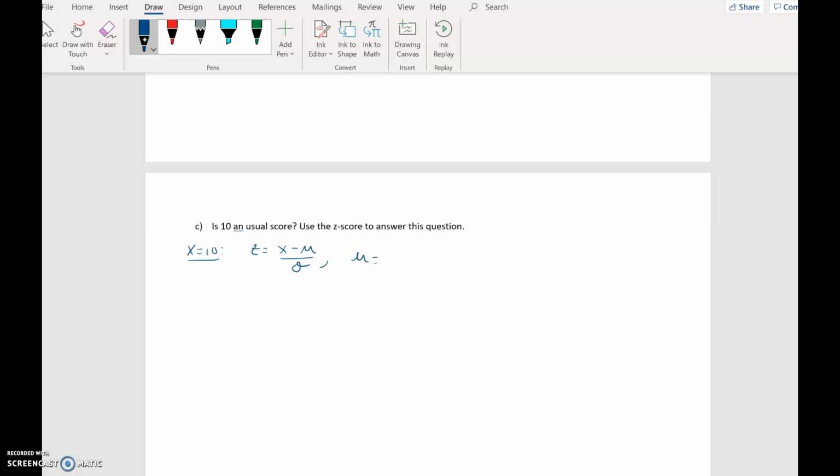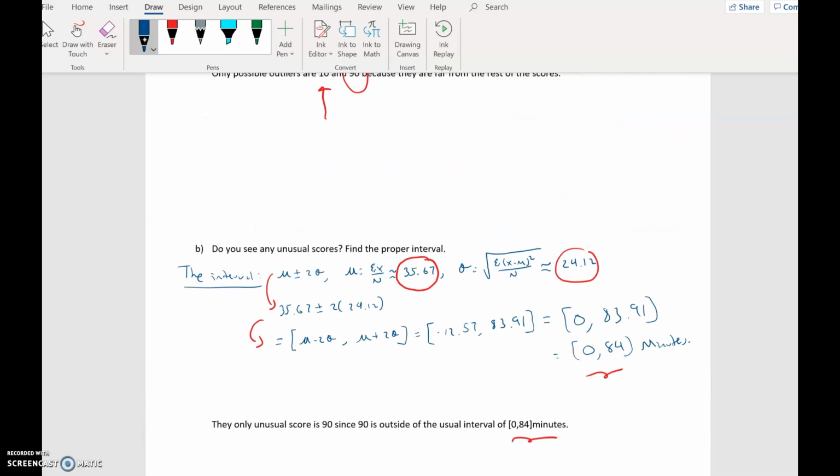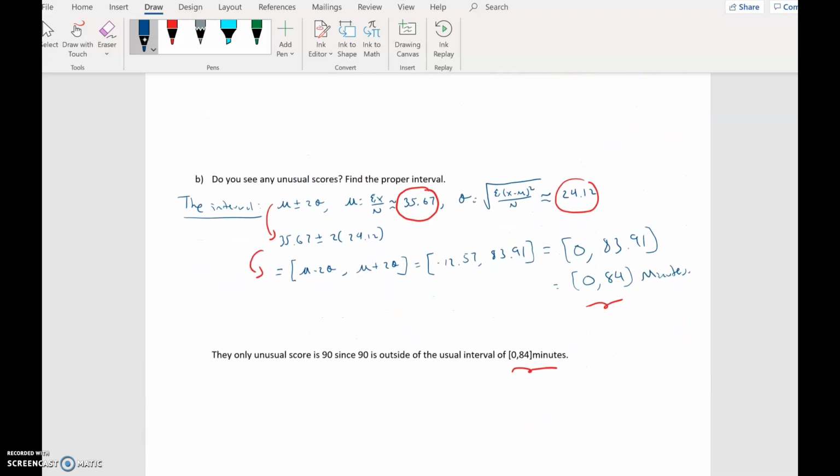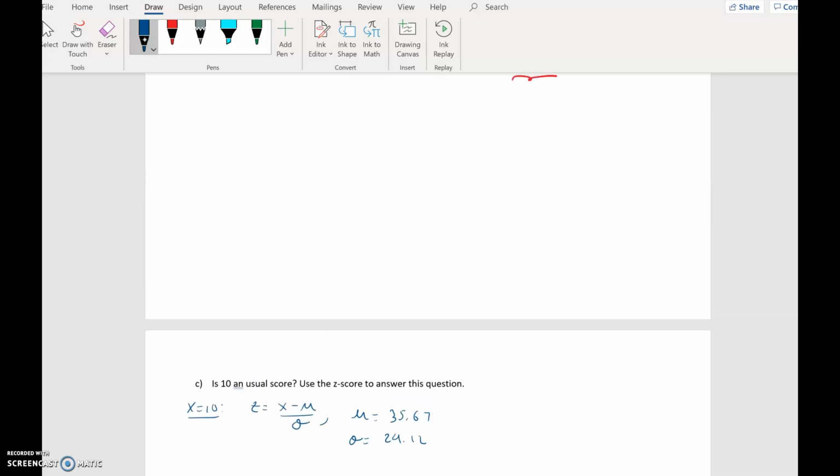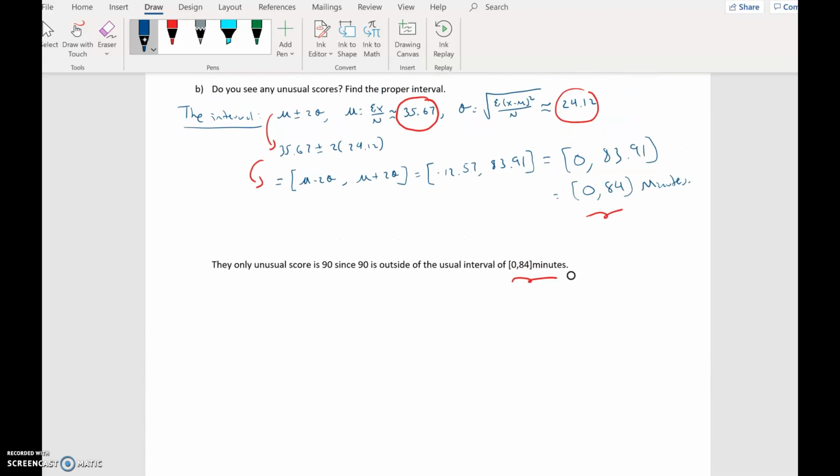The values of mu we had as 35.67, and then sigma was 24.12. So I'm just referring to those two outputs.